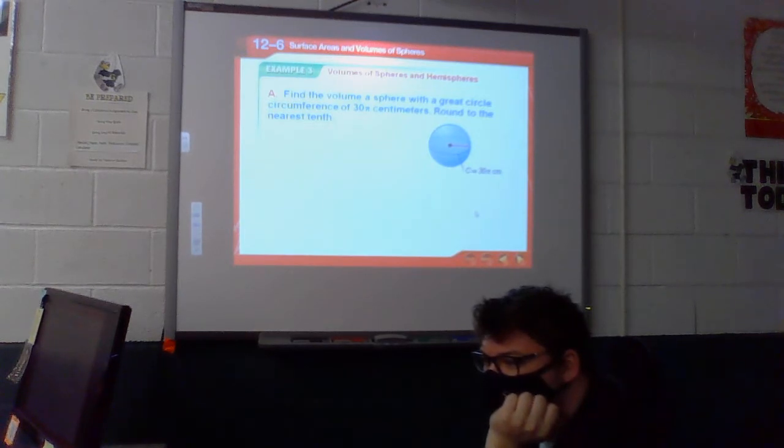So if it's an area, it's pi r squared. If it's a circumference, it's 2 pi r or pi d. Again, you can always use pi d, but if you use 2 pi r, then you have your radius right there with it. Okay? And then the biggest thing is making sure that these two right here are squared, these two right here are cubed. Because it's still a surface area and it's still a volume.